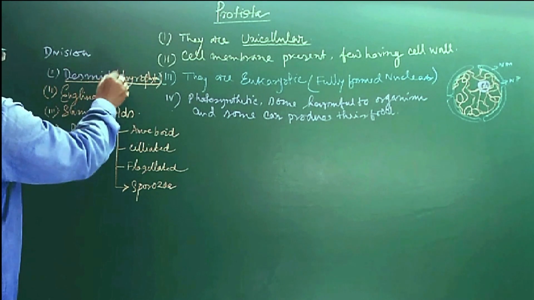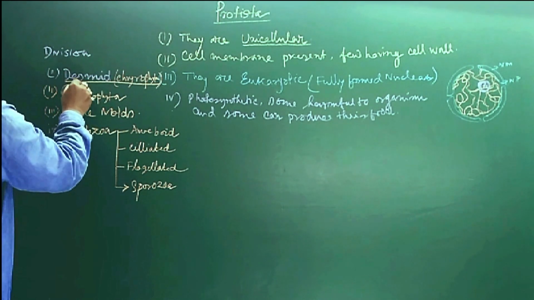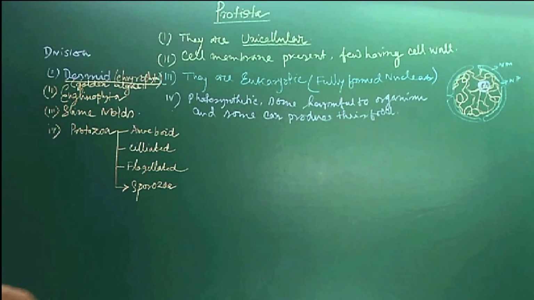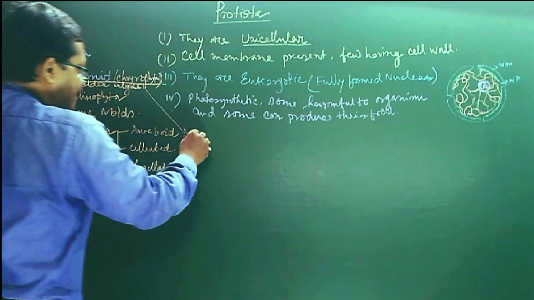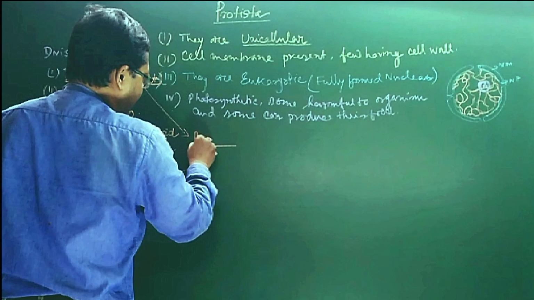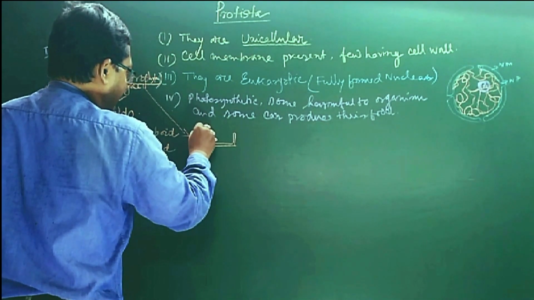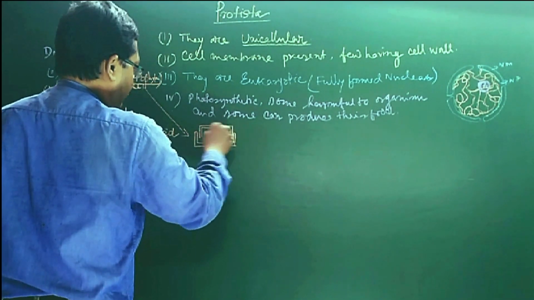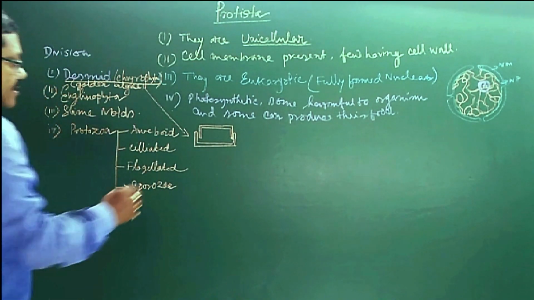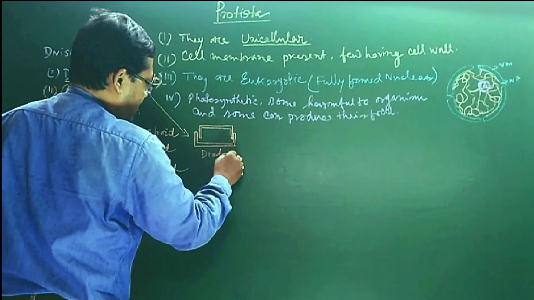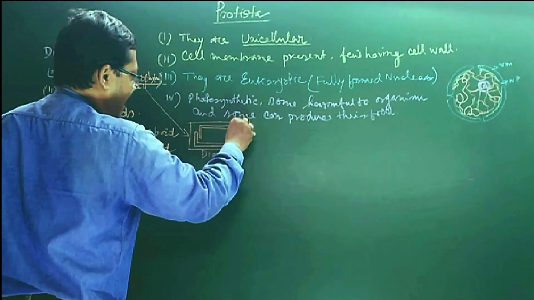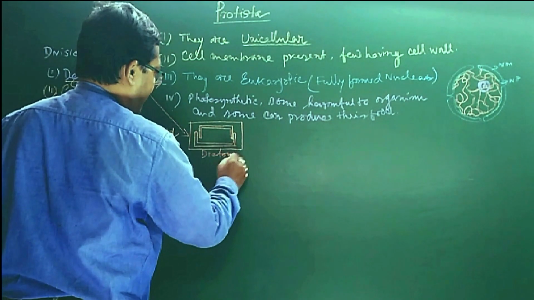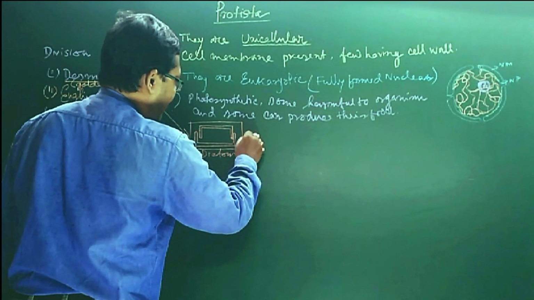Desmid is also called golden algae. Their body is made by a silica-containing cell wall, and this type of structure is found in desmid. Diatom is an example, and their body is made by silica, and this forms siliceous earth. The diatom cell wall is made by silica.